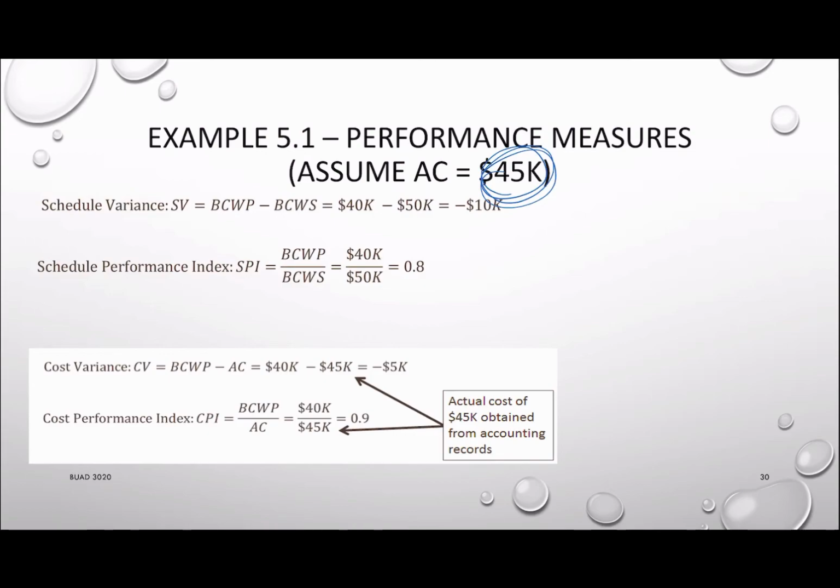So we have a CPI equal to 0.9, which means we are spending more than we should, because based on your schedule, you should be spending 40K only, but you are already spending 45K. So you are behind the schedule, and you are spending more than you should. You are not doing a good job to keep this project on track.